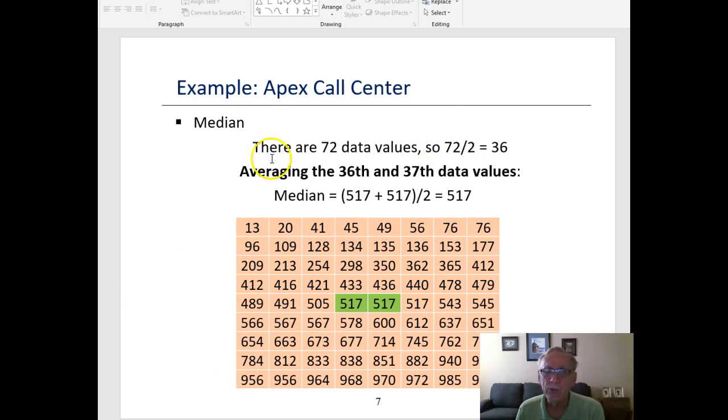So 72 data points divided by 2 is 36. So the average is between 36 and 37, always looking upward. And if we look, the 36th and 37th number are both 517, so our median is 517.